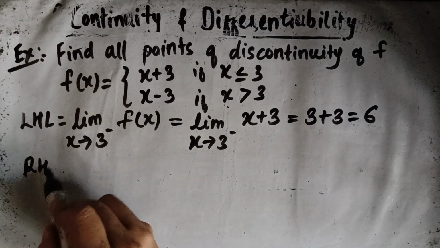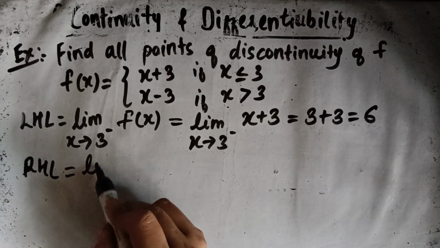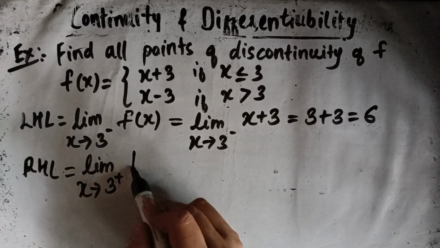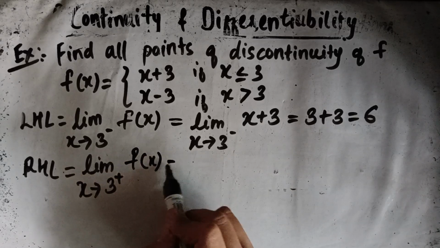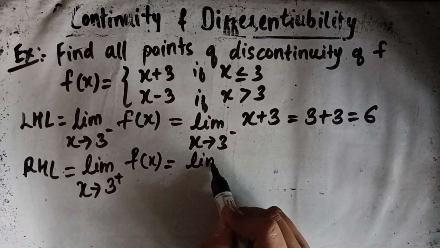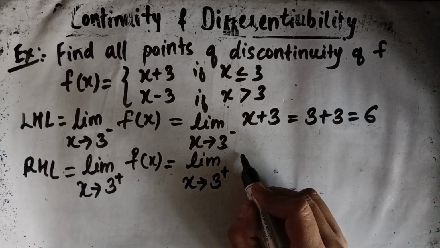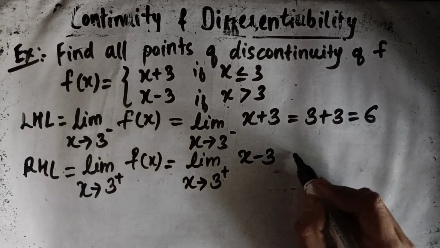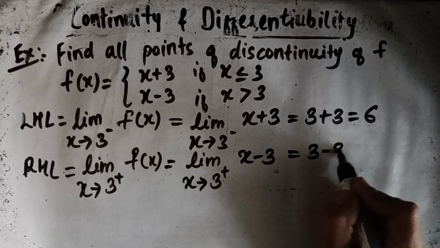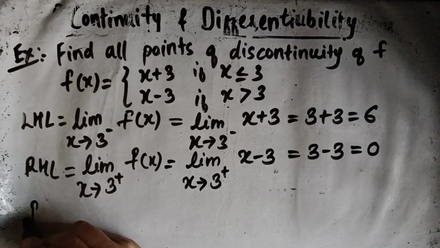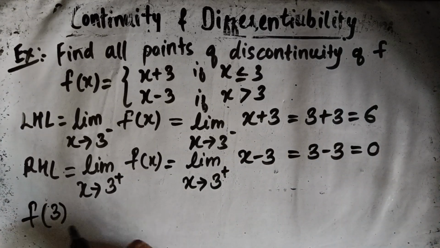For right hand limit you have to take the function and at that point, it is at 3.